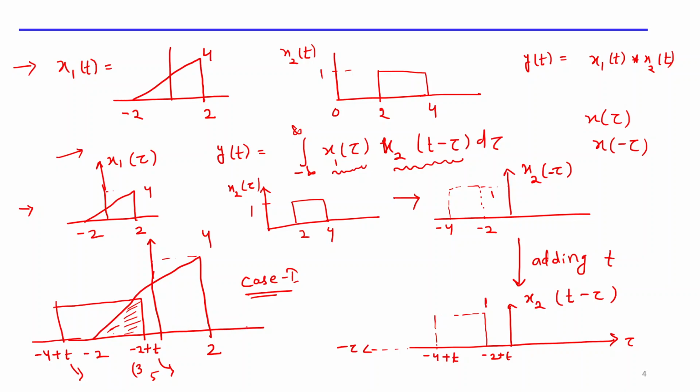This rectangle now lies from 3 to 5, somewhere here. If t is greater than some value, let's say t equal to 7, then it is outside of your x1 of t. There is no common region. Obviously, no common region means the multiplication is 0. So you need to find out in which region it lies.